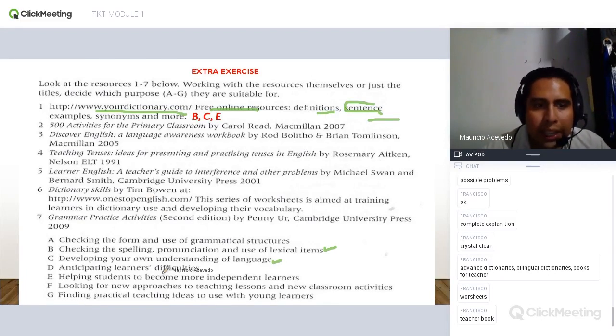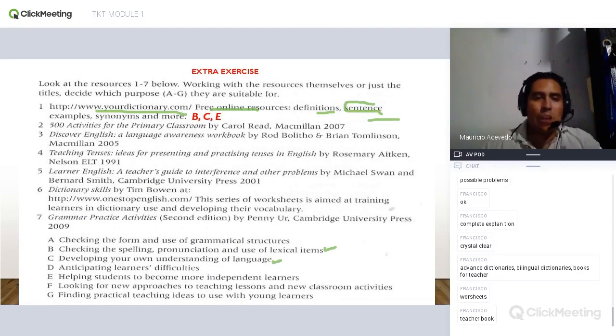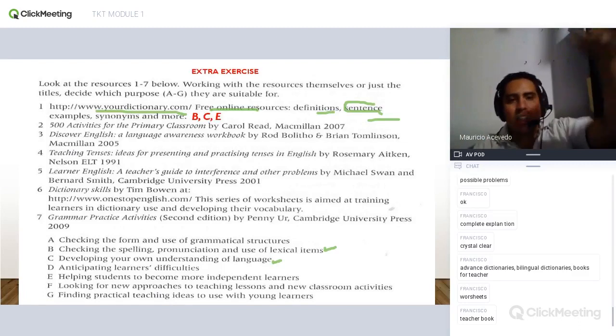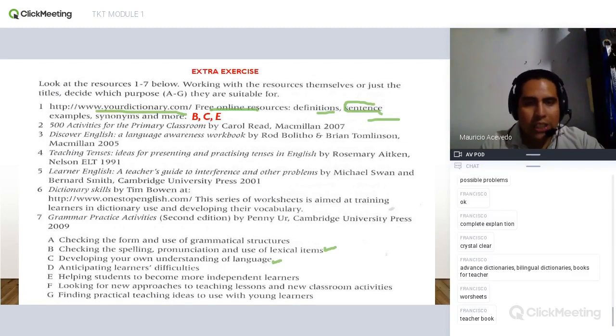And also E, helping the students to become more independent learners. Because as you are giving them the resource, they won't say, teacher, what does this mean? Teacher, what is the synonym of this? They can search in this and work by themselves.